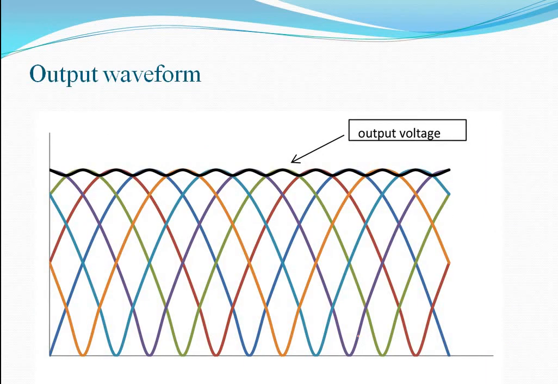The 12 pulse converter is preferred over the 6 pulse converter because of the reduced filtering requirements. We can eliminate the 5th and 7th harmonics with the 12 pulse converter, and this could be your output voltage waveform. I am simply showing the output voltage, because the same is obtained if you add two 6 pulse outputs: you will get the 12 pulse output voltage.